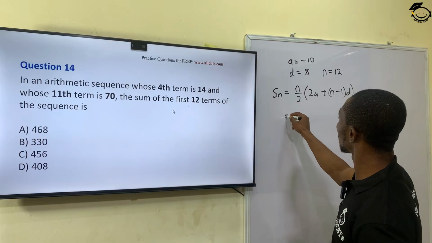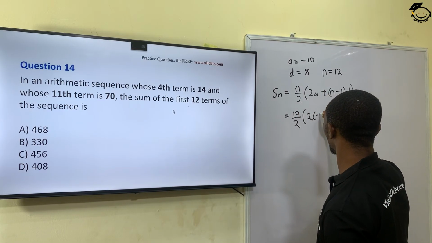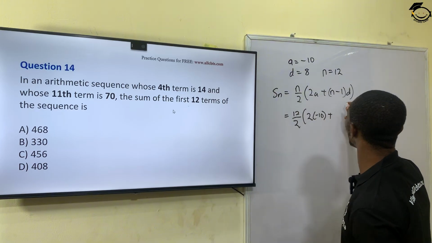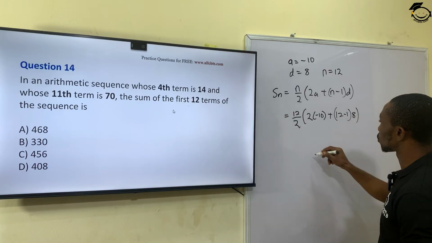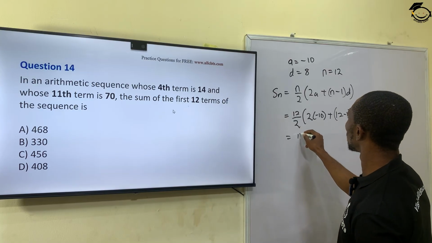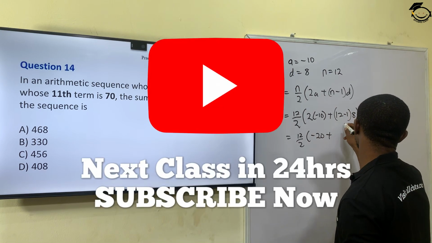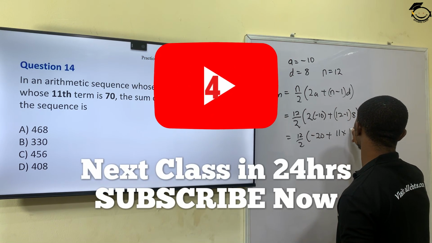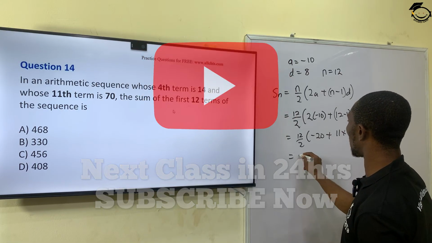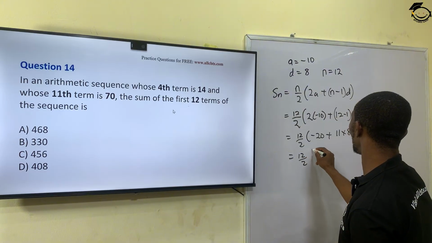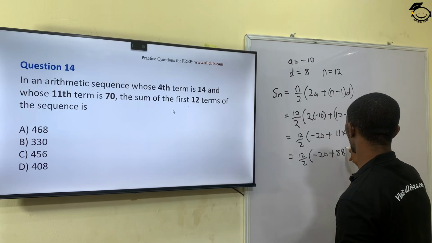All right, so this becomes 12 over 2, bracket 2, a is minus 10, plus 12 minus 1 times 8. So this will give us 12 over 2, bracket minus 20 plus 11 times 8. Okay, so we would have 12 over 2, minus 20 plus 88.